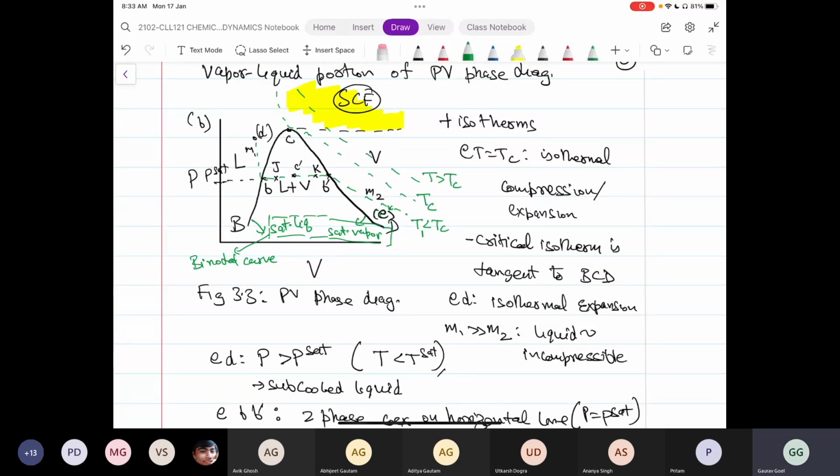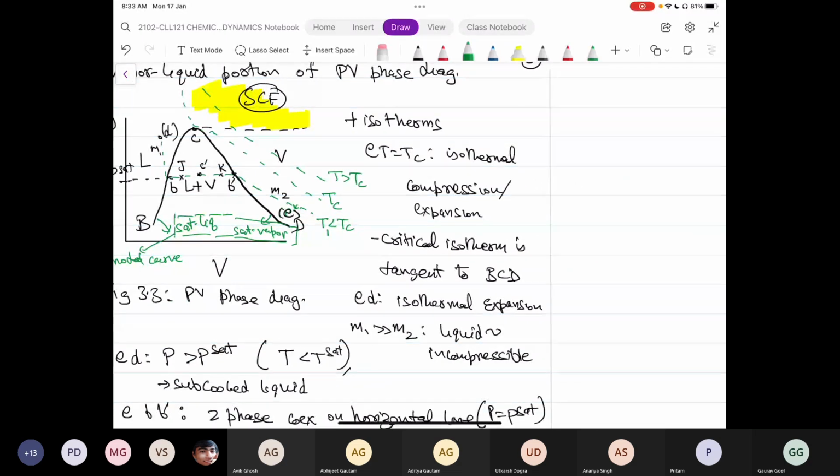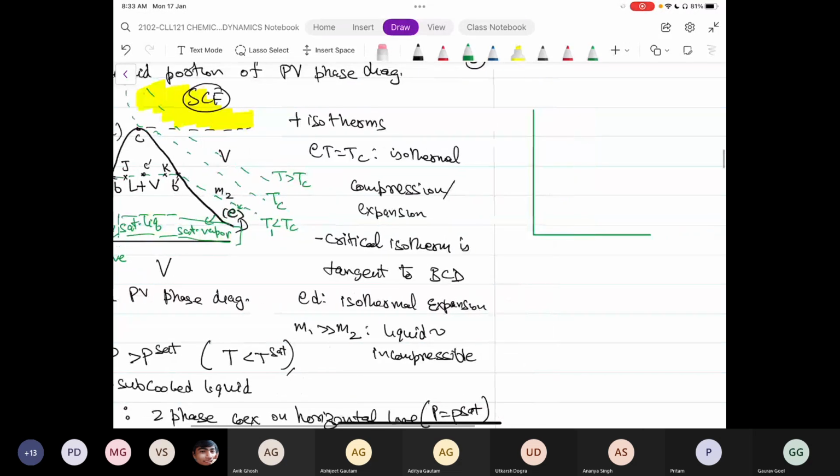Is it changing or staying fixed? As I went from B to B prime, you can clearly see V is changing.